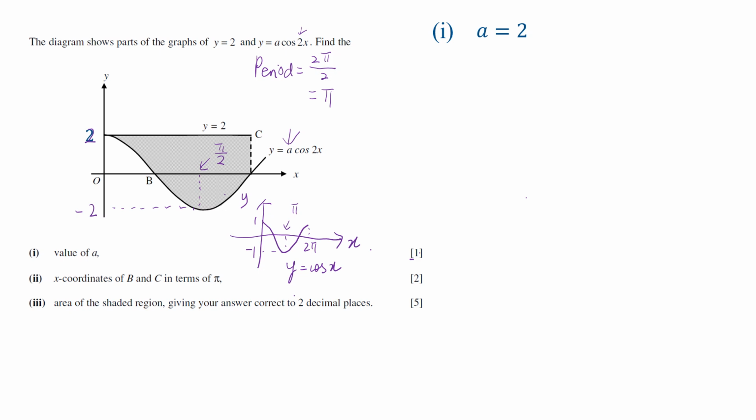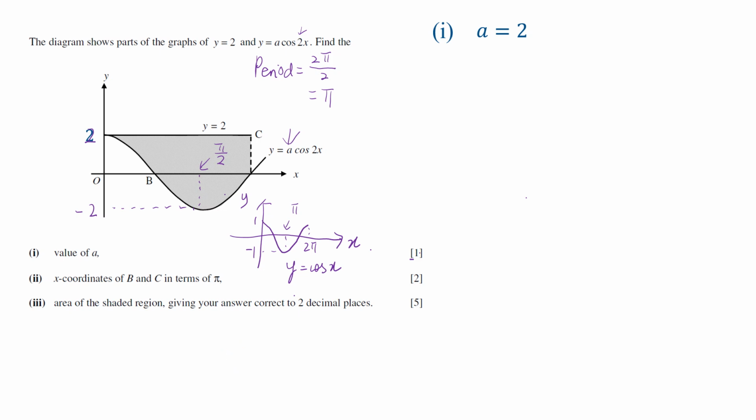The amplitude is 2. If this were an inverted curve, then of course A would be -2.